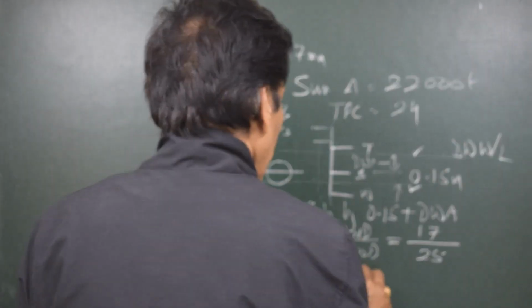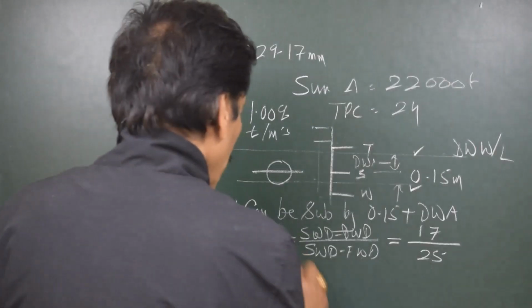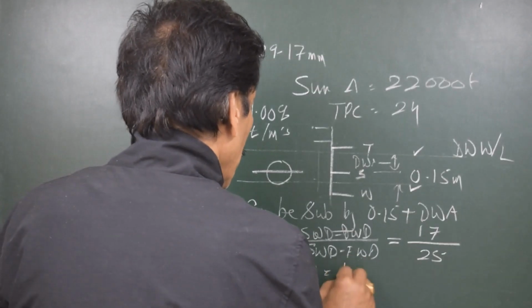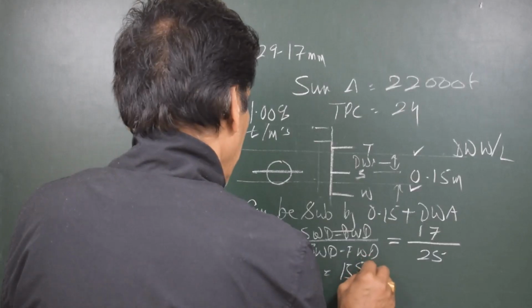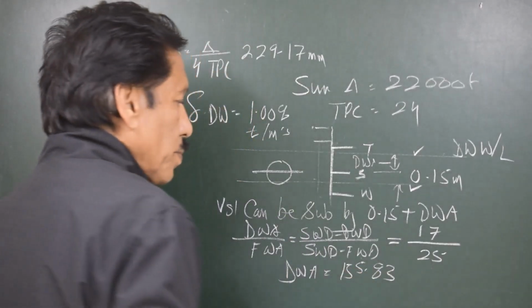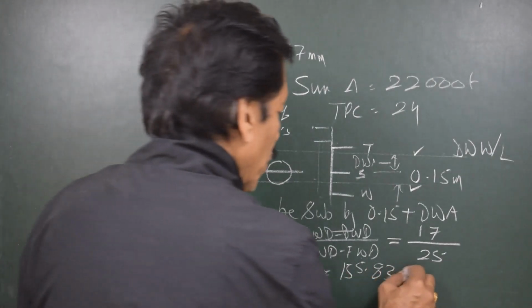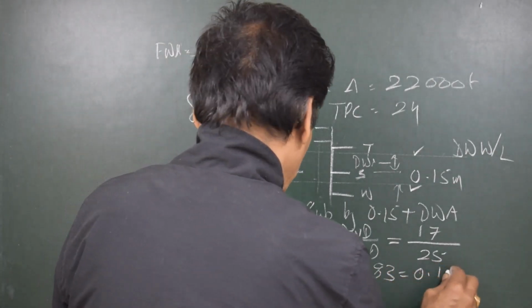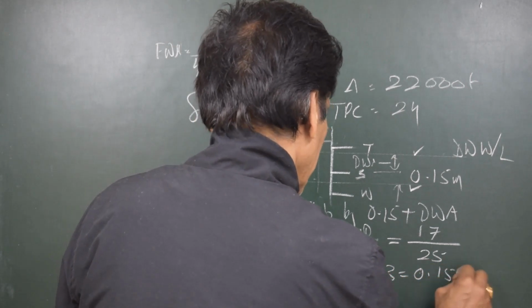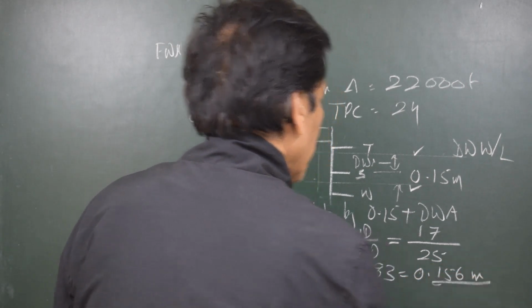So dock water allowance is equal to 155.83 millimeters, which is 0.156 meters.